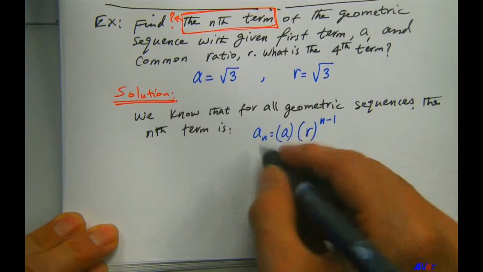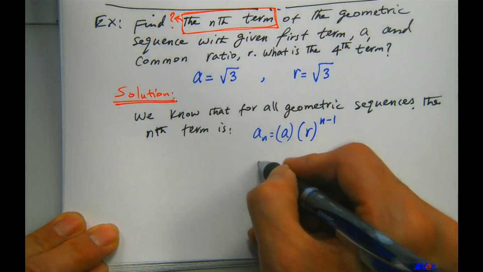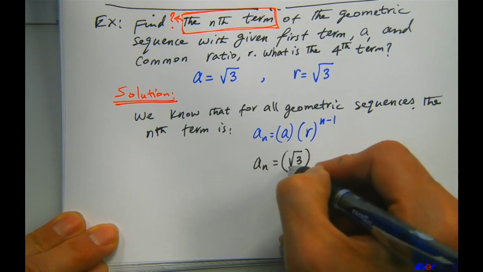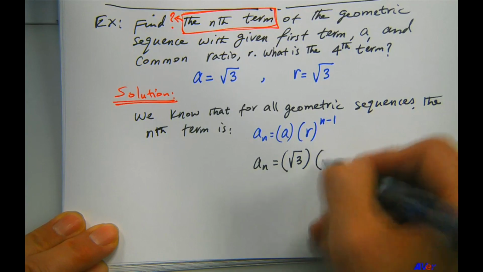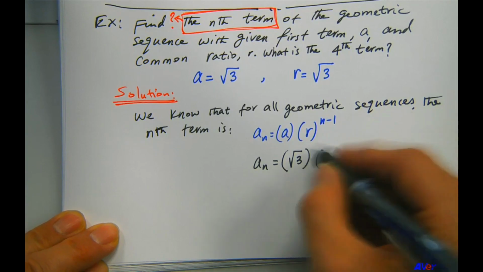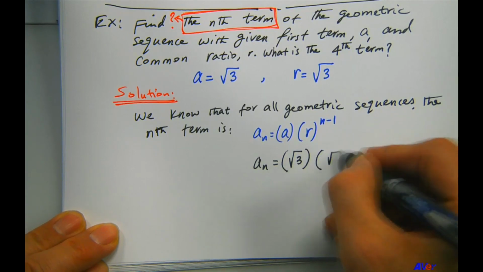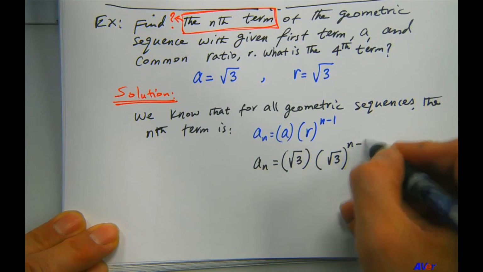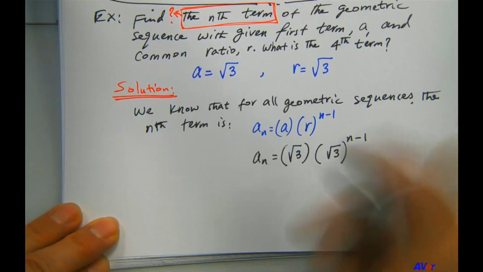So we're finding a specific case there. So an is equal to square root of 3 times square root of 3 again to the n minus 1 power. We can simplify this, right?